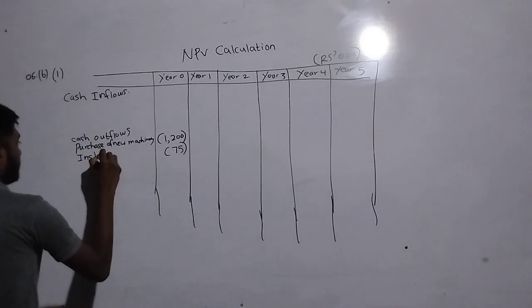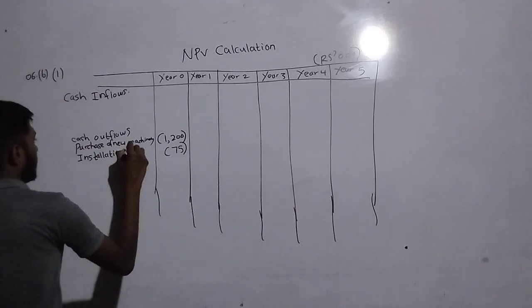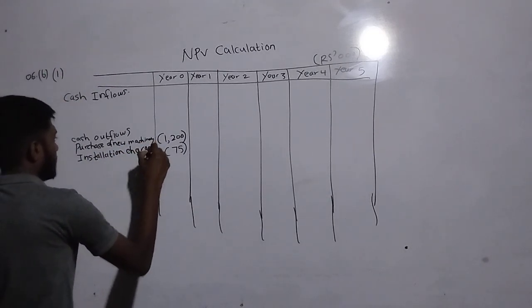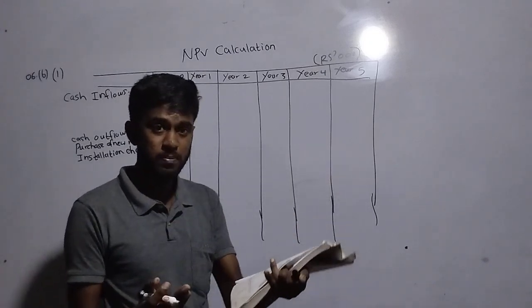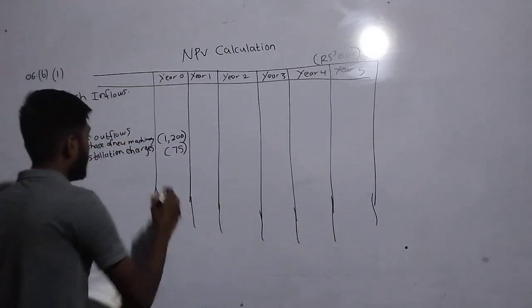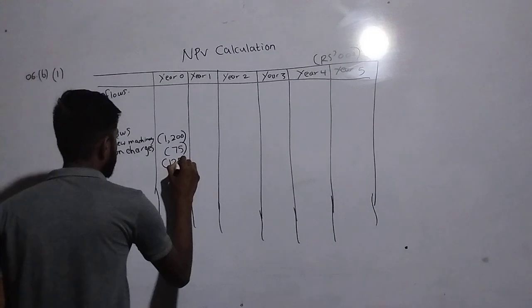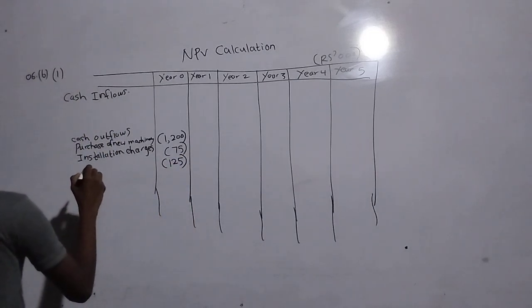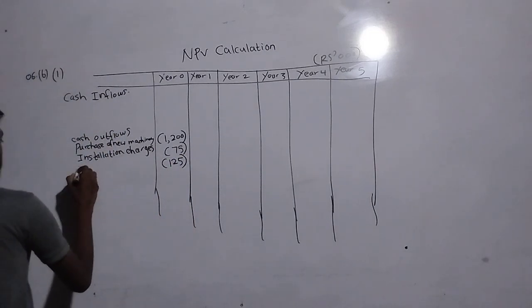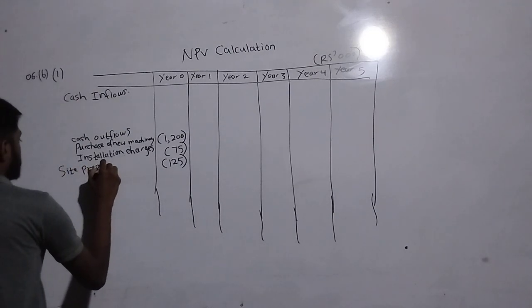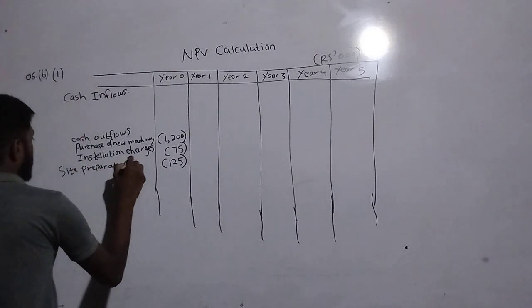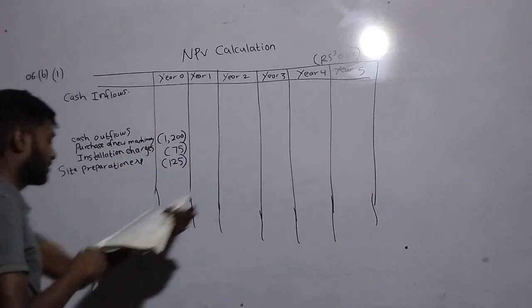Then, dear students, site preparation expenses are also relevant to the purchase of the new machine. That is 125, also taking place in year 0.